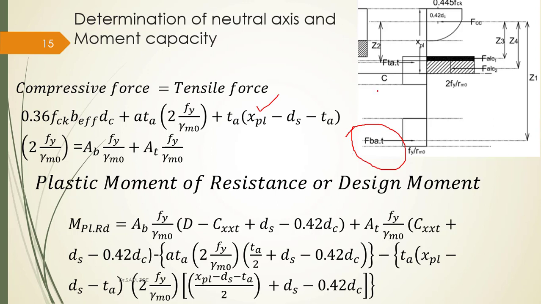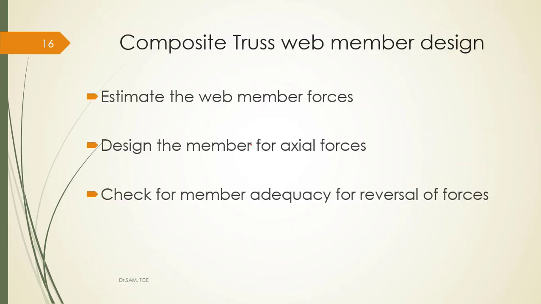So here, you calculate the moment in the composite stage, and you calculate the size of the top chord member. You can place it and check what bottom chord force is expected in the composite stage, from which you check whether the same section could be adopted for the bottom chord or you have to go for a revised section.